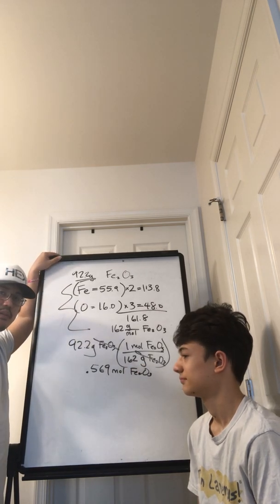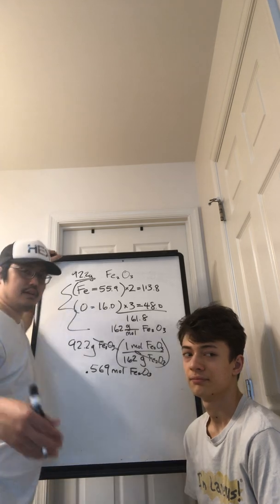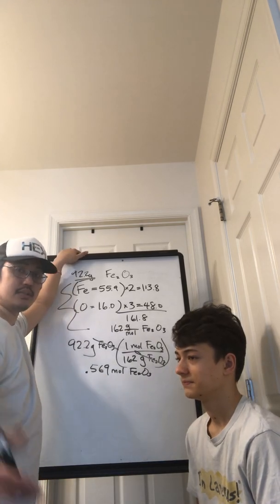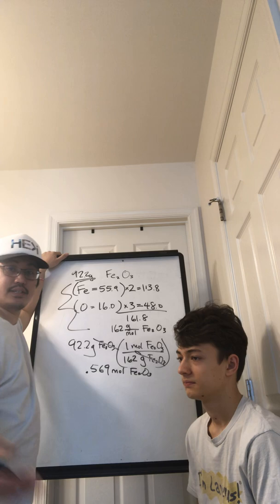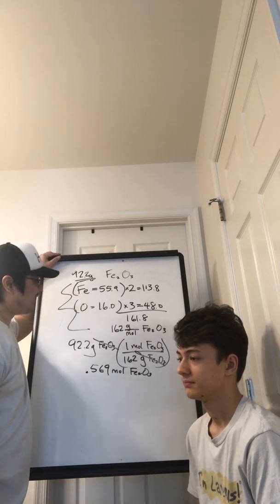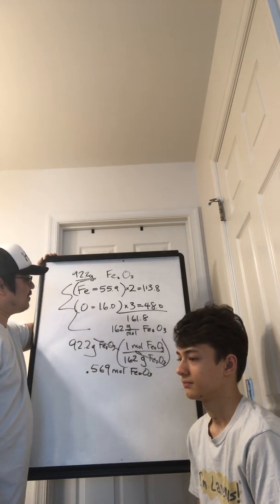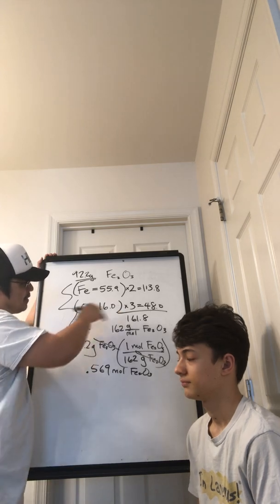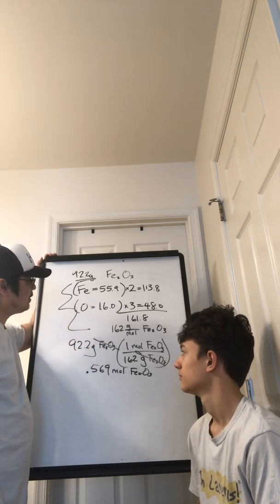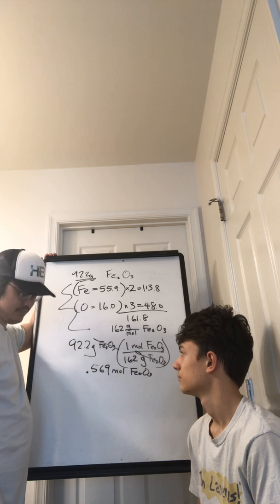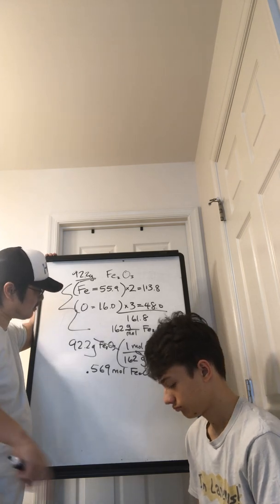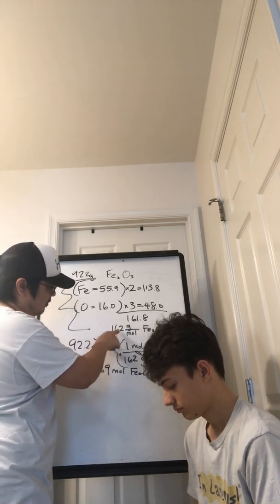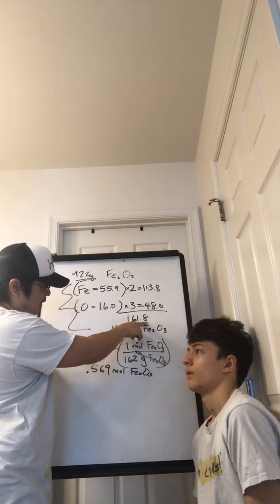What I'm thinking in my head is I'm teaching you guys maybe the sloppy way. I'm a physicist and an engineer, but maybe they're carrying significant figures a little bit differently. But let's try this again. Don't do 162, do 161.8.